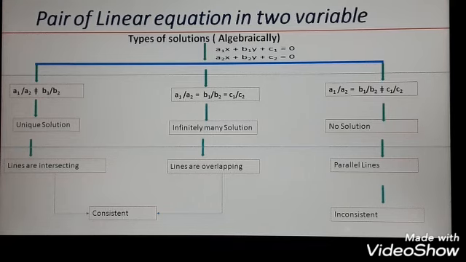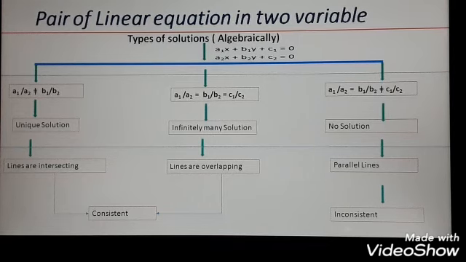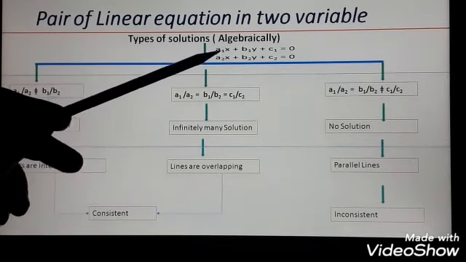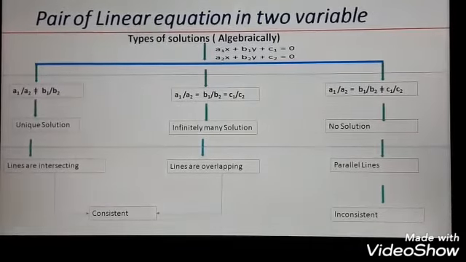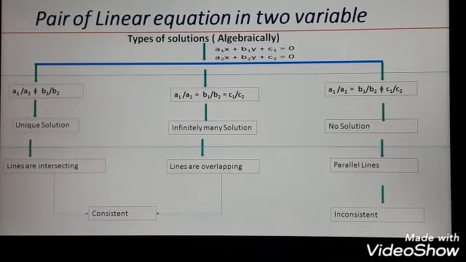You can judge it by only seeing the coefficients of the equations. You have to take the ratio of the coefficients: the coefficient of x, coefficient of y, and the constant terms. And on the basis of those, you can identify what type of lines they are having.